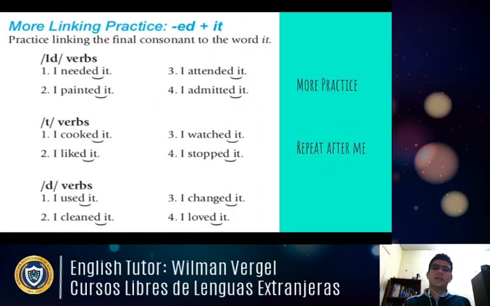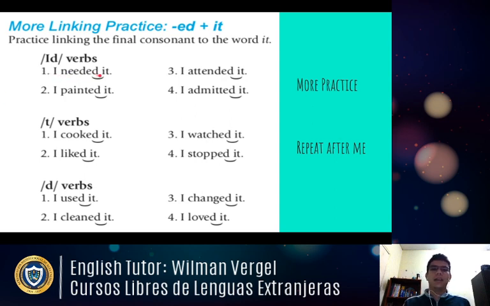More linking, in parentheses, ED plus it. Now we're going to practice with the impersonal pronoun it, and because it starts with a vowel sound, we say I needed it, I painted it, I attended it, and I admitted it.